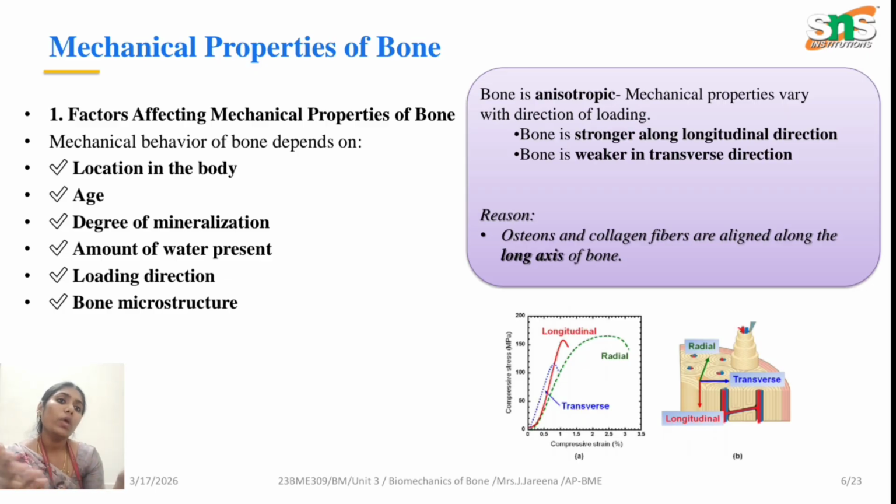If you give the same stress in the transverse direction, it is exactly perpendicular to the alignment of osteons and collagen fibers. It is not aligned with the collagen fibers, so there is more tendency for that particular point to move into a weaker point, and at some extent it will break. So these are the things we need to understand: why the osteons and collagen fibers are very important, and why they need to be aligned with the applied stress.